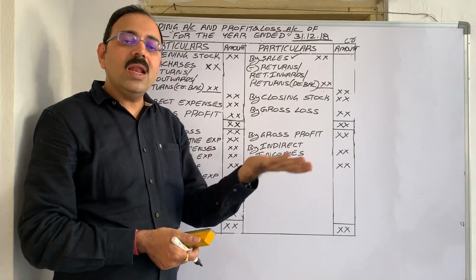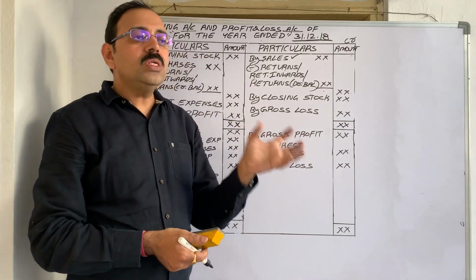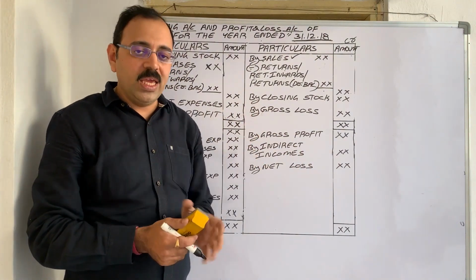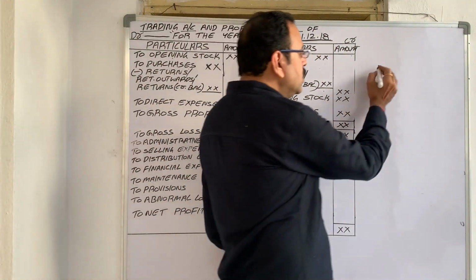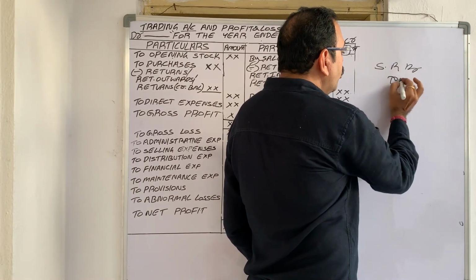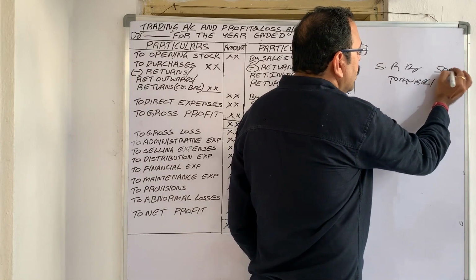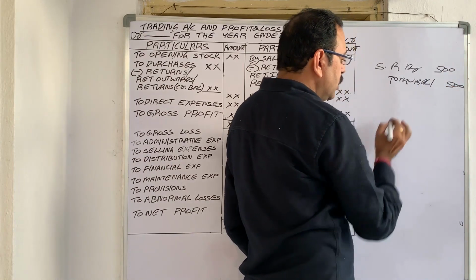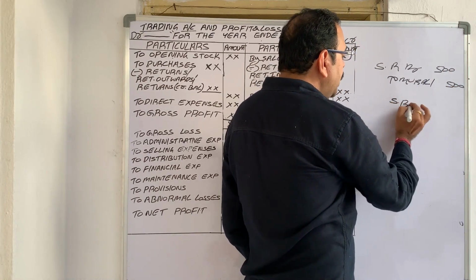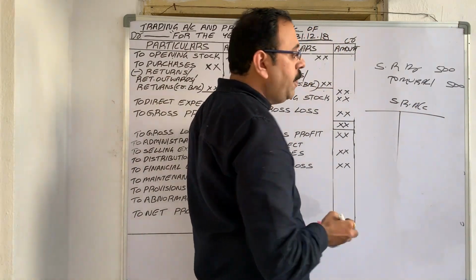Why? One should recollect the entry for sales returns. For example, goods returned from Murali. What is the entry? Sales returns account debtor to Murali account. Say the amount is 500 rupees. In the sales returns account, which side do you have to post this entry?